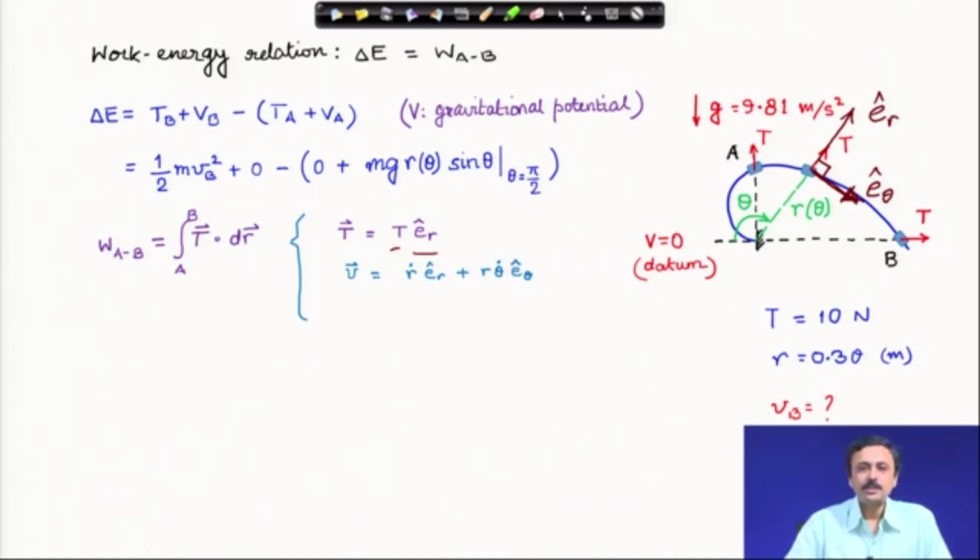The velocity is represented as r dot ER cap plus r theta dot E theta cap. I have written this. Now, what is velocity? Velocity is nothing but dr dt, the vector dr dt.